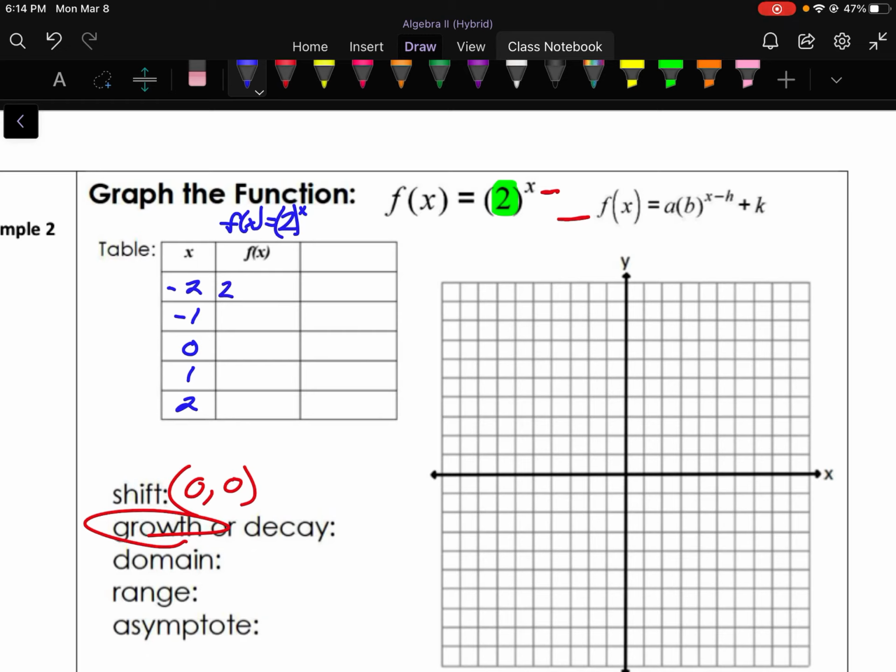So the first one would be 2 to the -2 power, which means you'd have to flip it down, so it'd be 1 over 2 squared or 1 over 4. The second one would be 2 to the -1. If you follow the same process, you get 1 over 2. This one would be 2 to the 0 power. Anything to the 0 power is 1. 2 to the first is just 2, and 2 squared is 4.